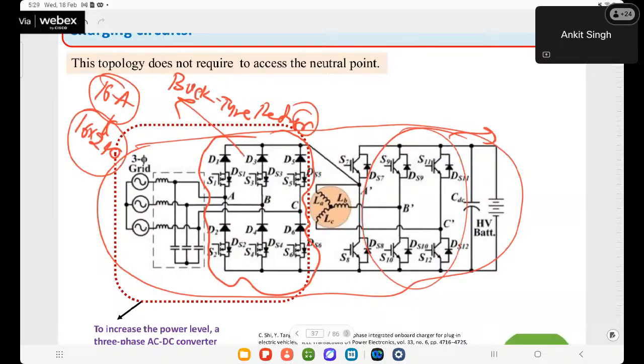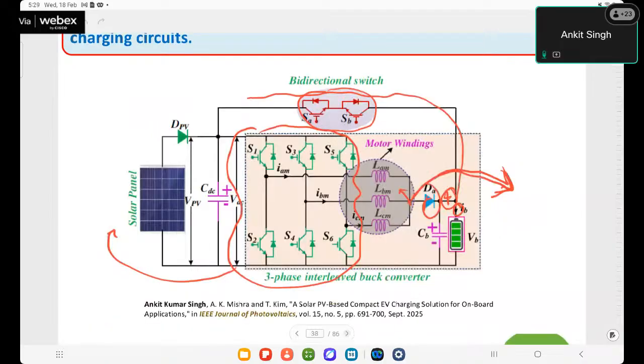So these topologies are compared on these parameters also: whether mechanical switches are there and whether neutral point access is required or not. We have to keep this in mind while using such topologies.